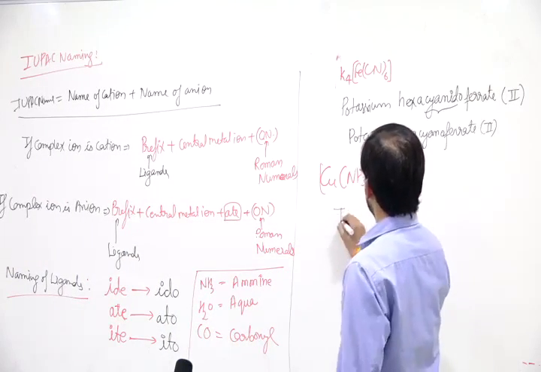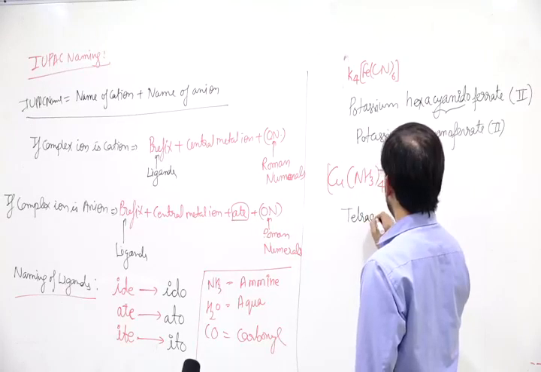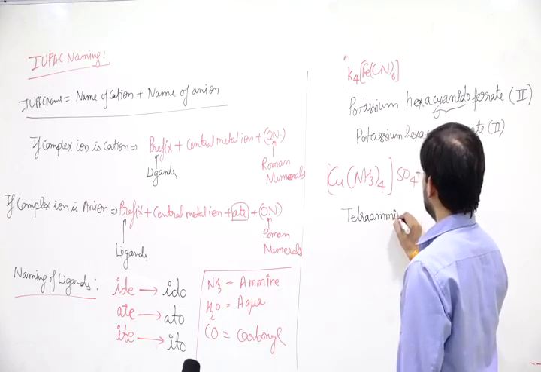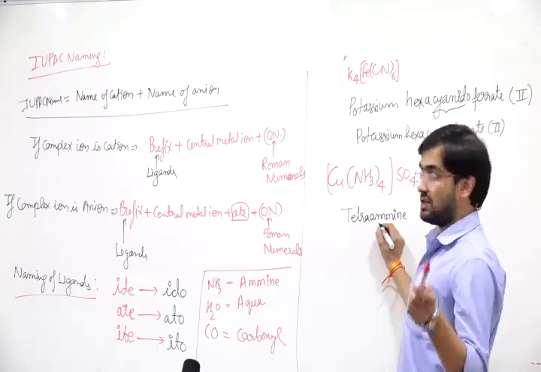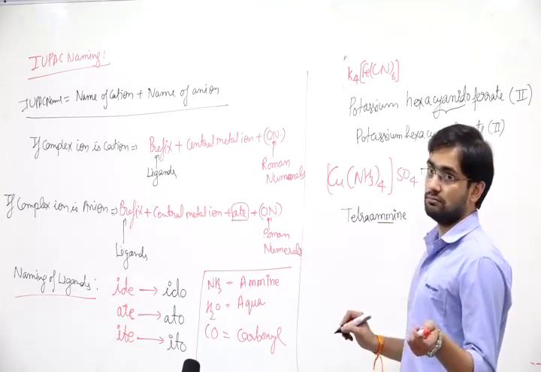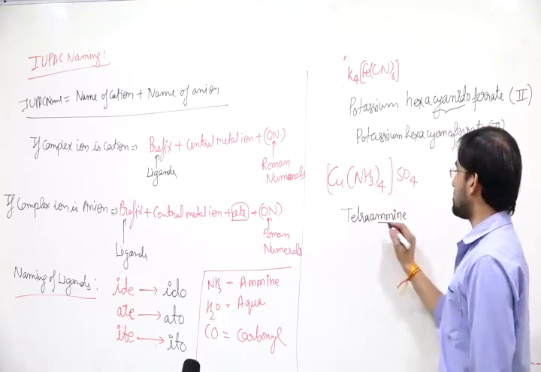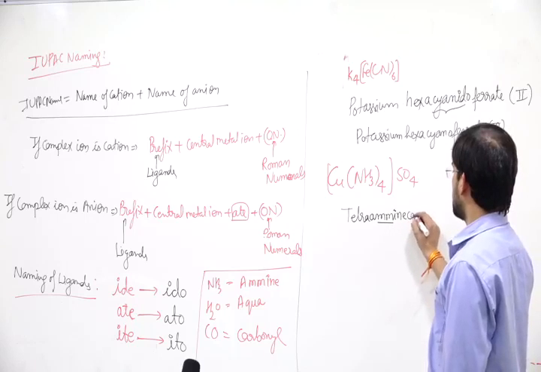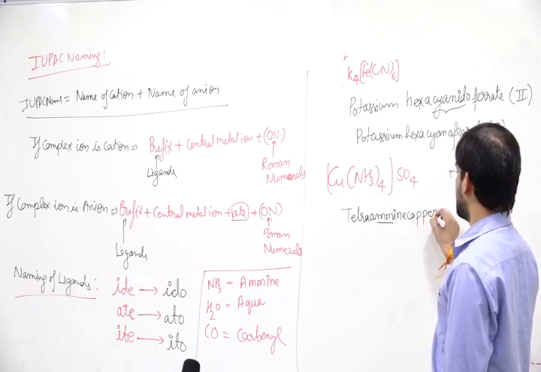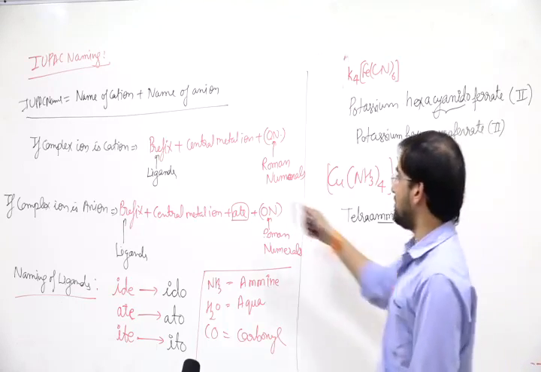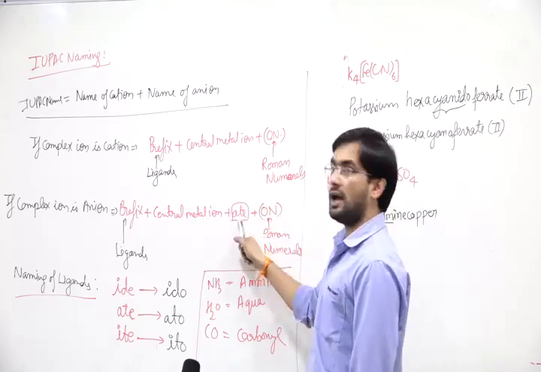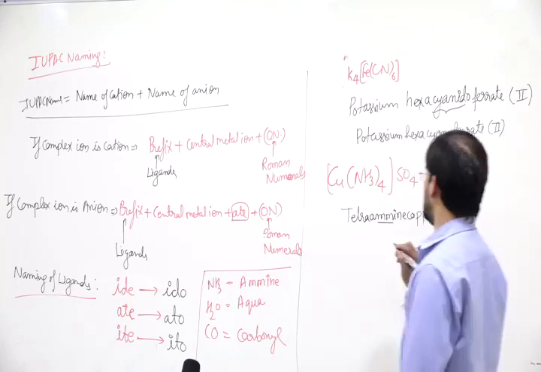So we have to use the word amine. Be more attentive, there is always a double M. Tetraamminecopper, because it is the central metal ion, no ATE here, plus the oxidation number.